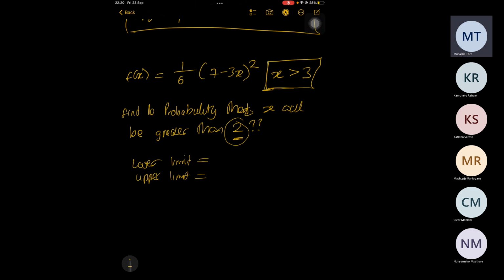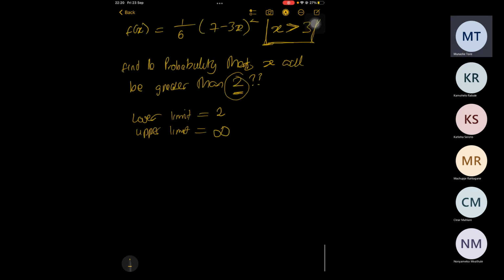The range of x is not given as a range as we did initially, but just as x is greater than 3. Then how do you do it? Lower limit is simple, but what about the upper limit? Is it not infinity? Your upper limit will be infinity, then your lower limit will be 2. So you'll be integrating from 2 to infinity of the function of x dx.